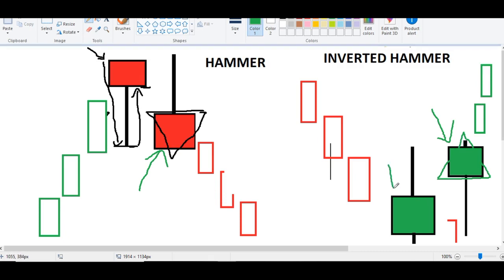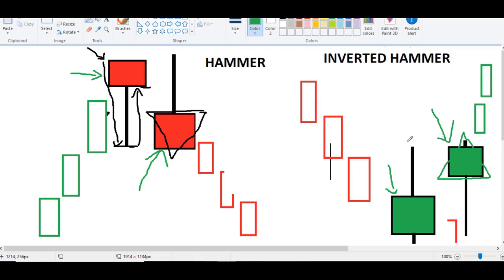Even though this one and this one indicate indecision, the arrows, this down arrow is a much stronger signal and this up arrow is a much stronger signal for a reversal. And we'll go to charts and look at some examples.